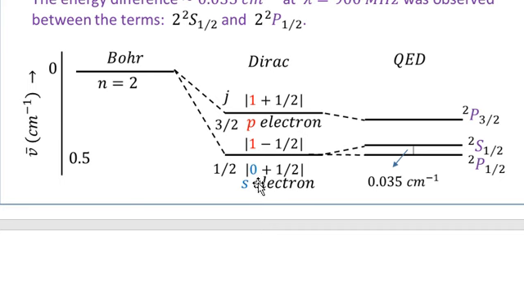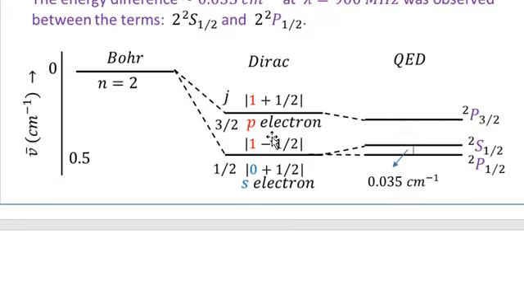And when you have the 0 value of the orbital quantum number, again the spin quantum number is always 1/2 for the case of a single electron. So 0 plus 1/2 will give you the s electron, and it will give you the value of the total quantum number equal to 1/2. So for the s electron, you have the total quantum number equal to 1/2.